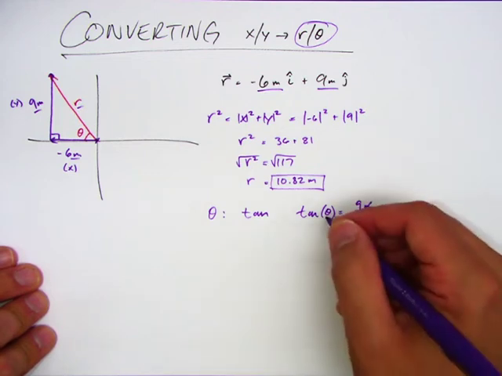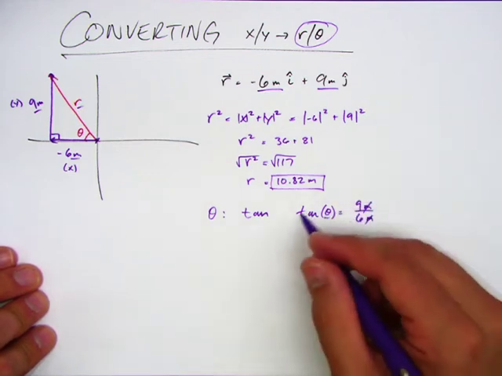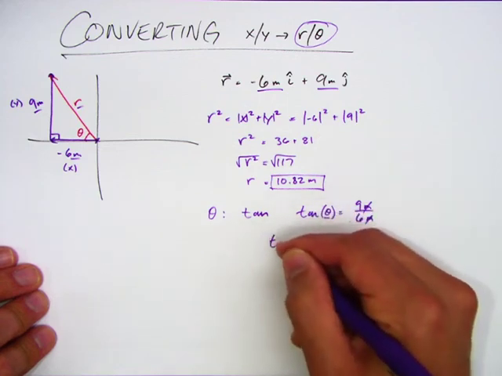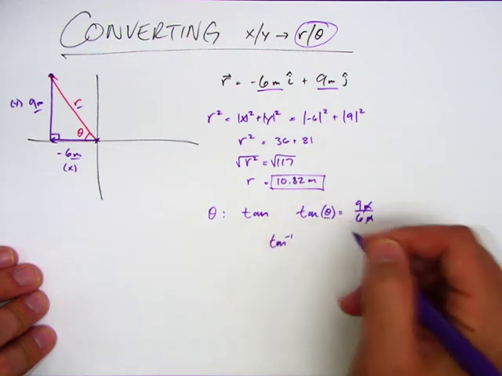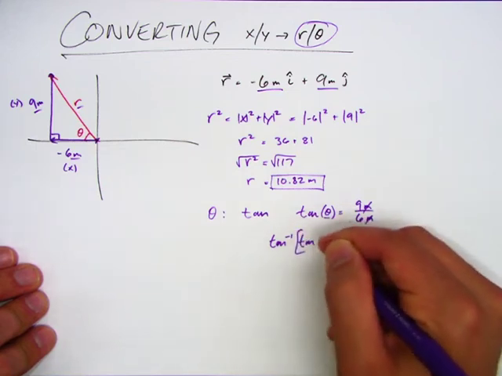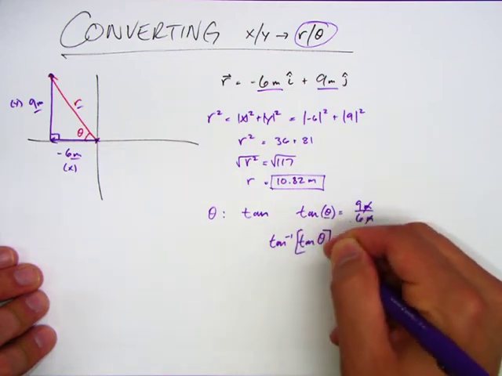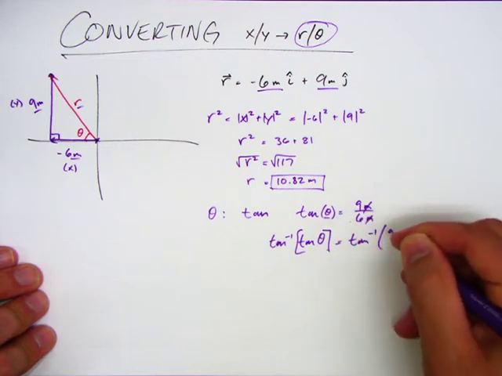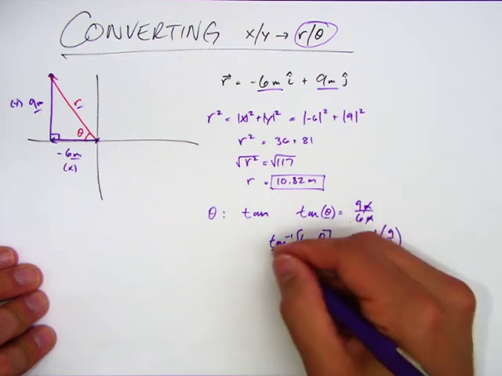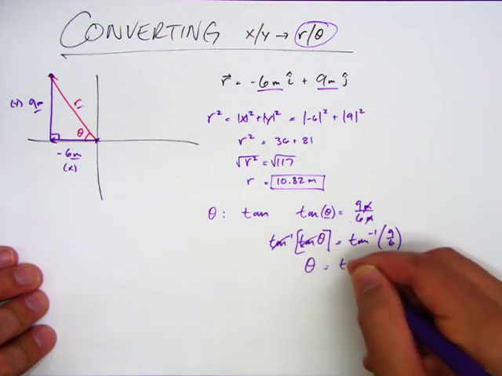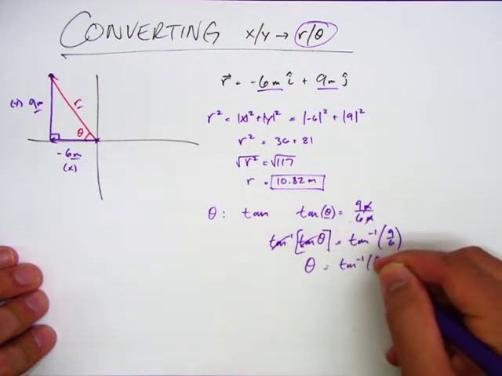How do I solve for angle when I'm inside one of my trig functions? I have to apply the inverse tangent. Don't just divide by tangent. Tangent's a function that you need to invert. So I do the same to both sides, inverse tangent of 9/6. So here I'm left with just the angle equals the inverse tan of 9/6.